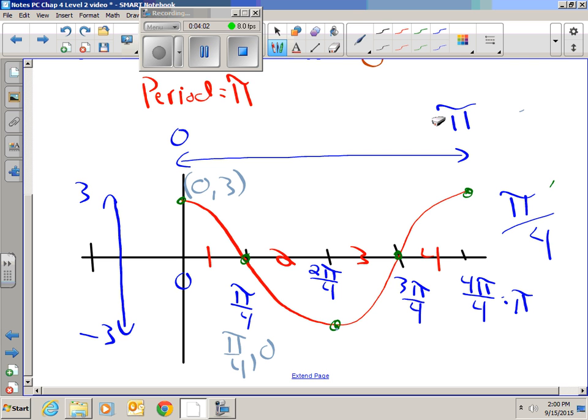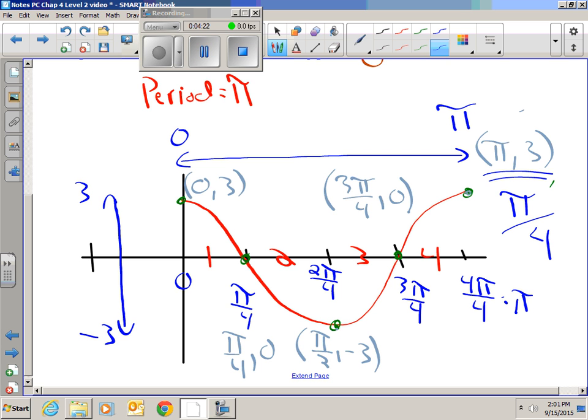This point is pi over 2, negative 3. This point is 3 pi over 4, 0. And this last point is pi, 3. So here are my ordered pairs for each of my critical points.